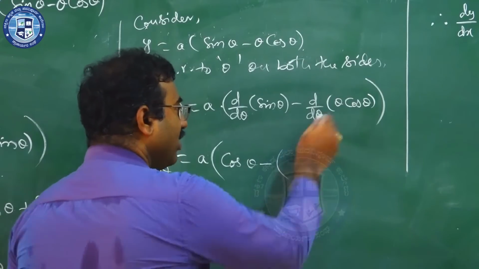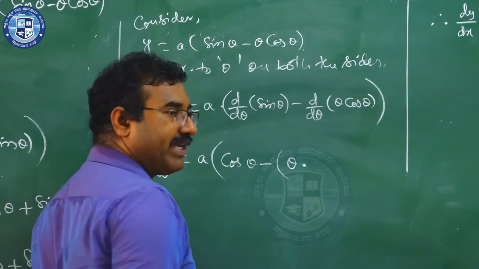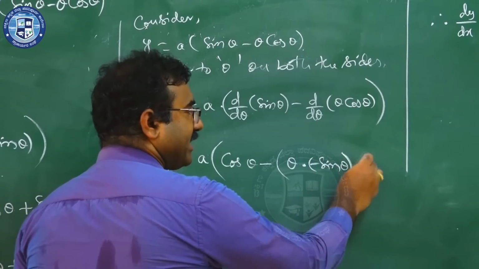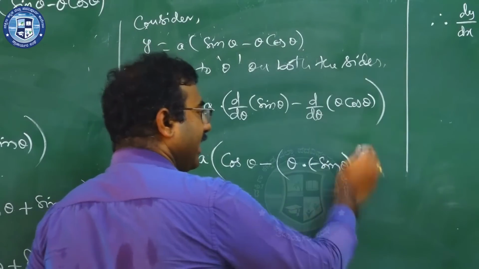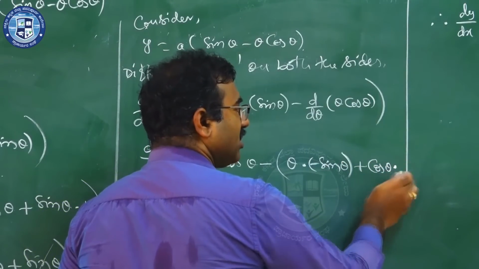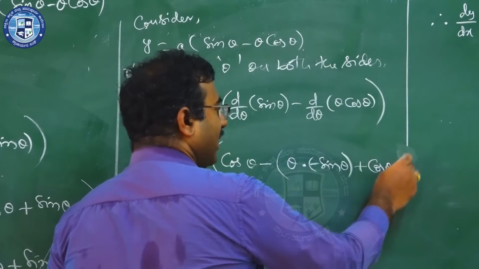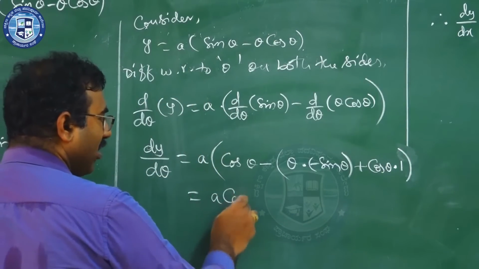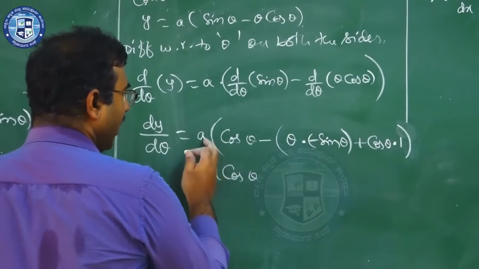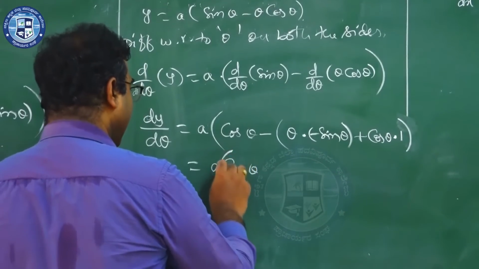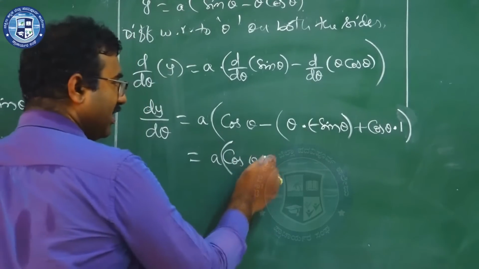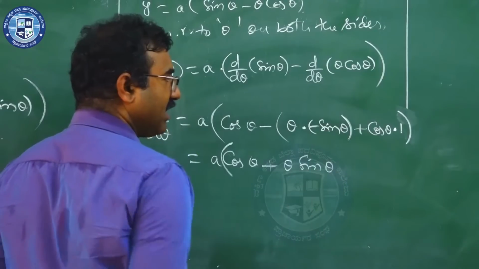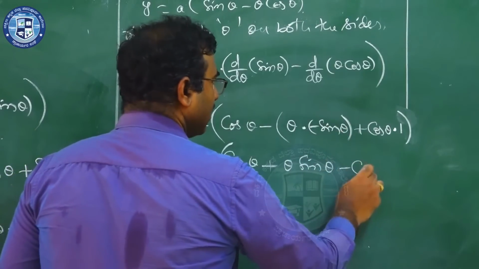So put the bracket: U into differentiation of cos theta is minus sin theta plus cos theta into V into differentiation of U. So differentiation of theta is 1. So what we are getting when you release this: minus a cos theta, or otherwise let it be like that, a into cos theta minus of minus theta sin theta plus cos theta.